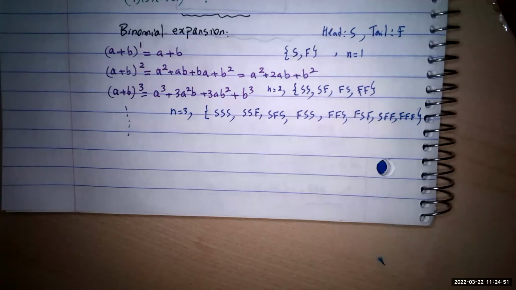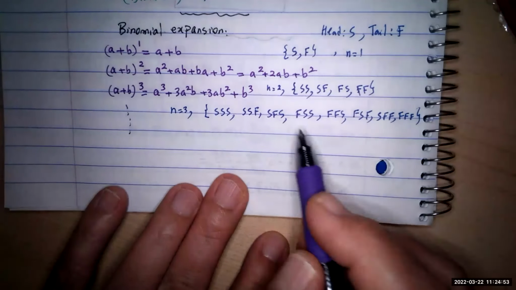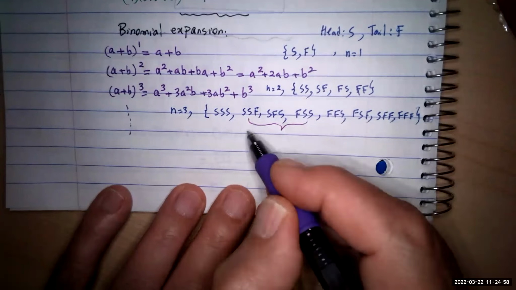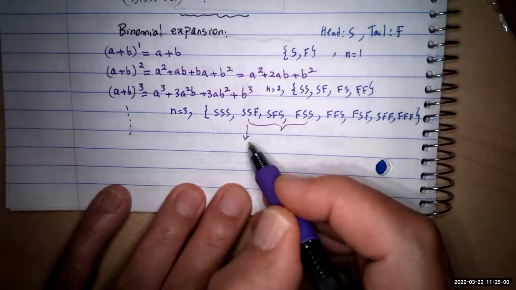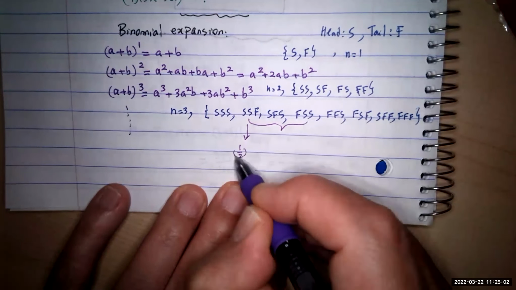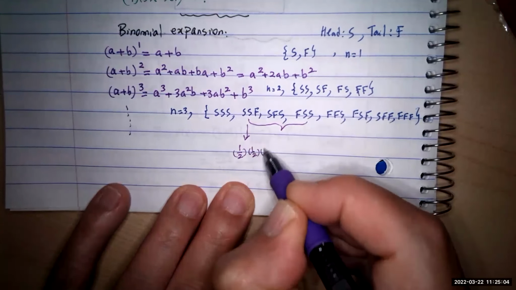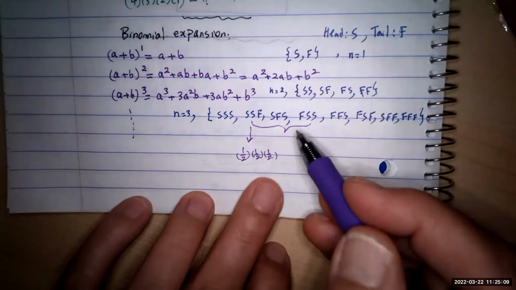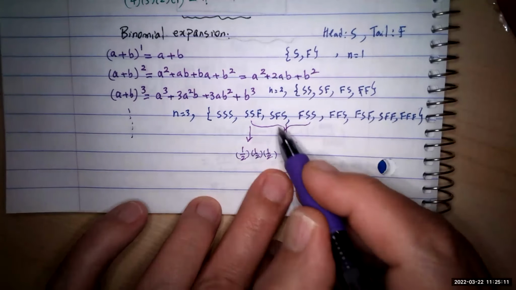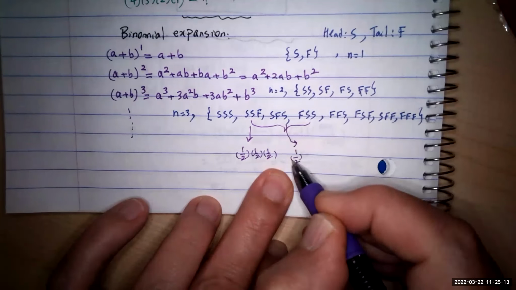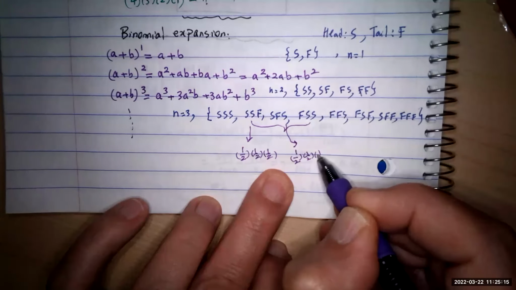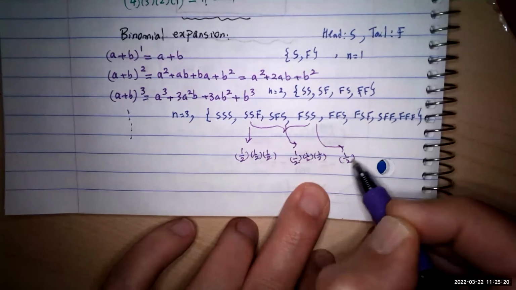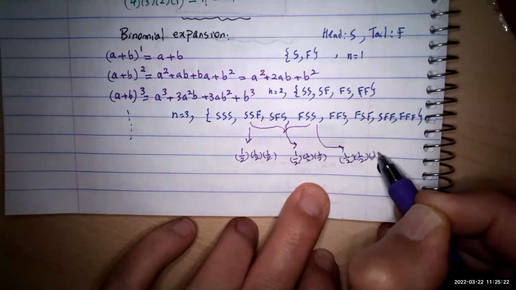So for the probability of getting only 2 successes, the probability of success is 1/2, 1/2, and 1/2, because the probability of failure is 1/2 again. Or this one over here again, success 1/2, failure 1/2, 1/2. And over here, the probability would be 1/2, 1/2, and 1/2.